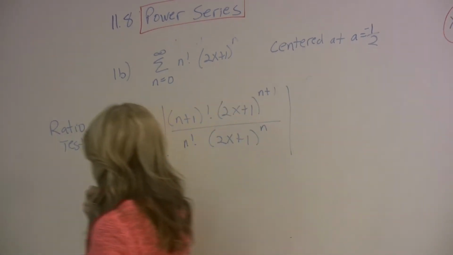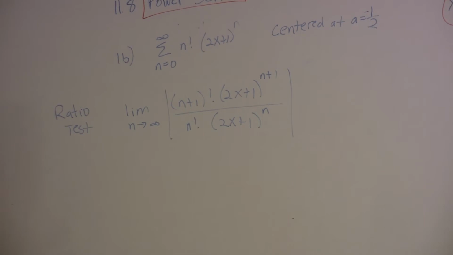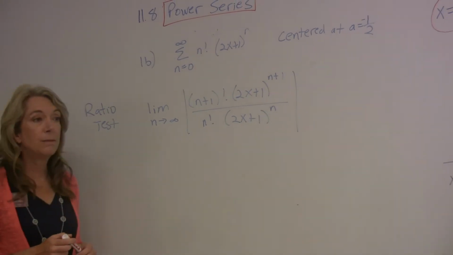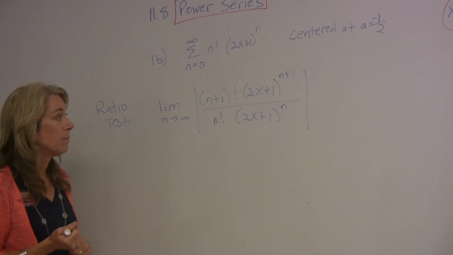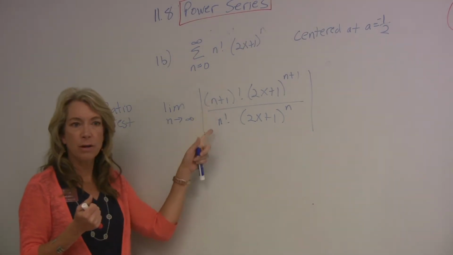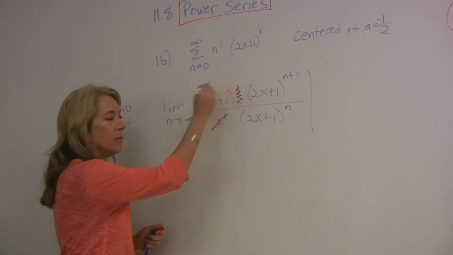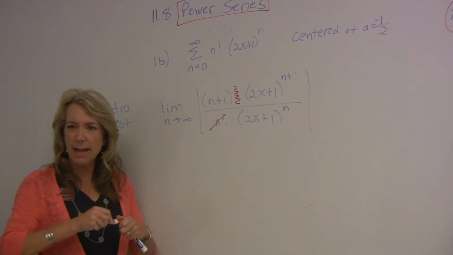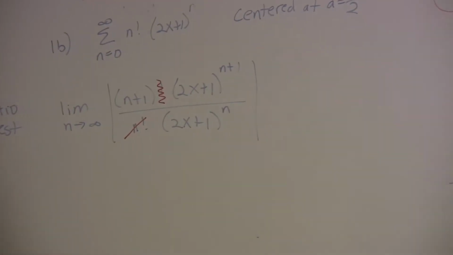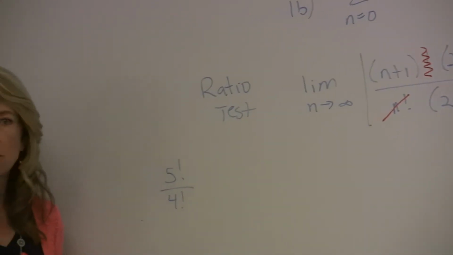What reduces here? Factorial and also 2x plus 1. Yeah, the factorials are going to reduce because this is just one more than the one down here. So this will completely be gone and this factorial will be gone. We talked about that last time. For those of you who aren't familiar with factorials, think about 5 factorial over 4 factorial.